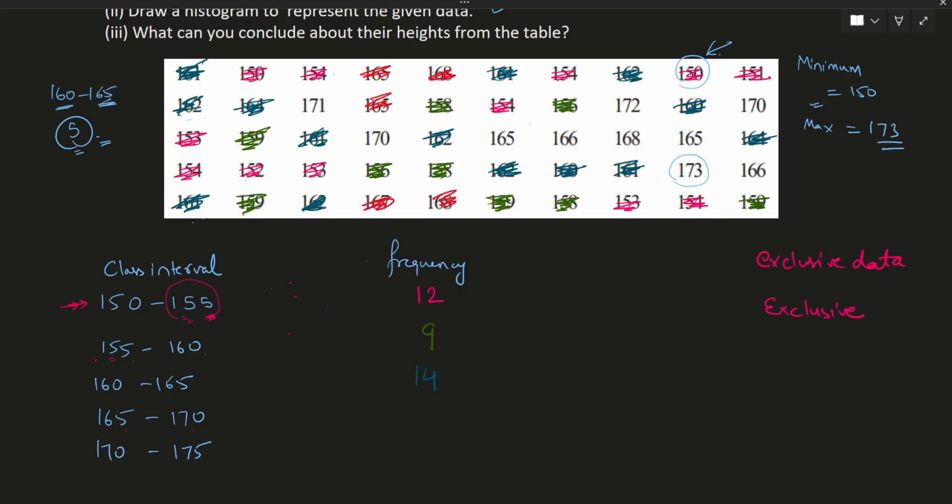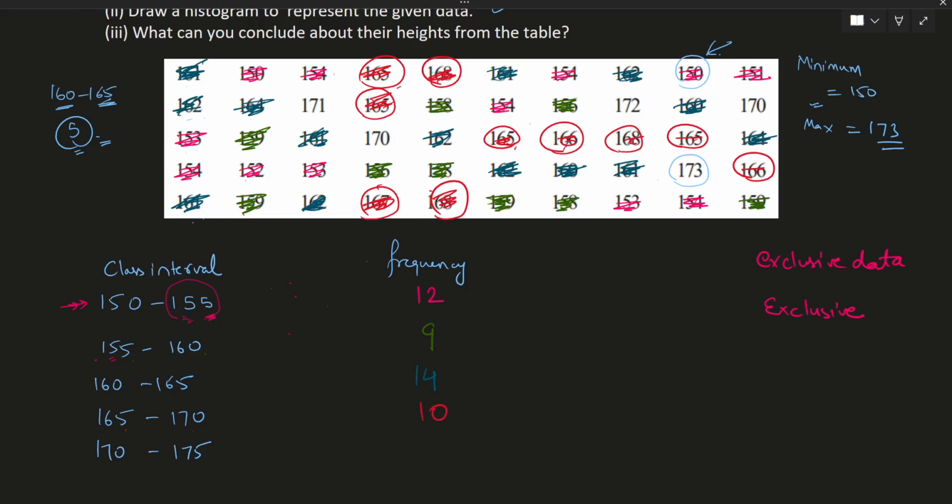I'm making circles because this color is mixing with the pink one. 165, 166, 168, 165 and 166. Let's count the circles: 1, 2, 3, 4, 5, 7, 8, 9 and 10. We have 10 now.